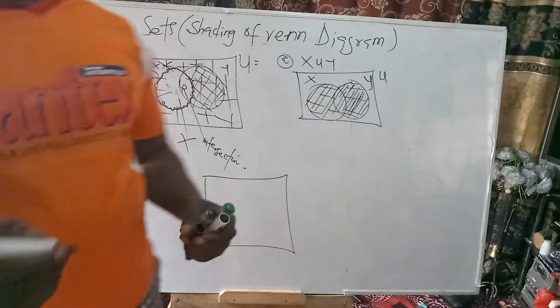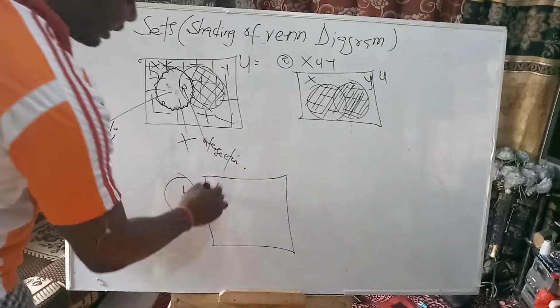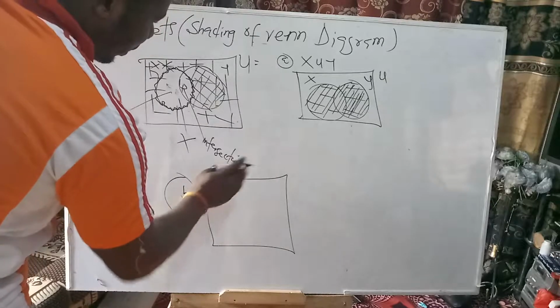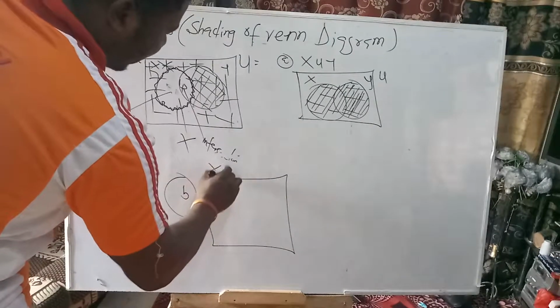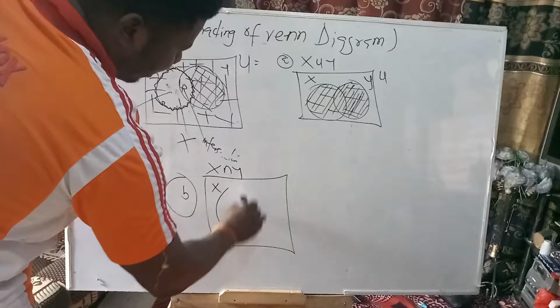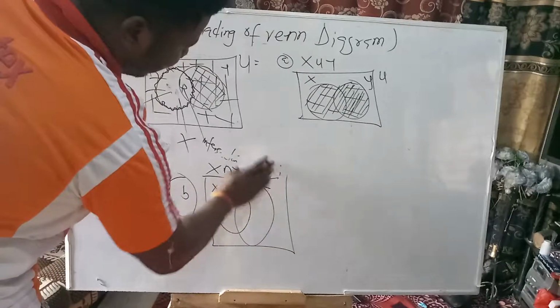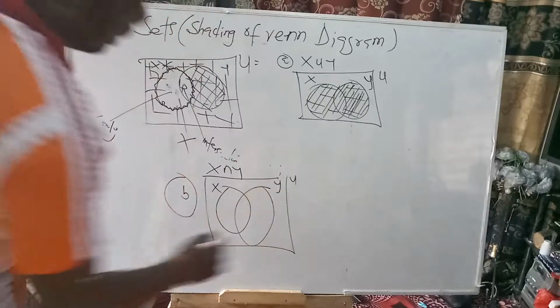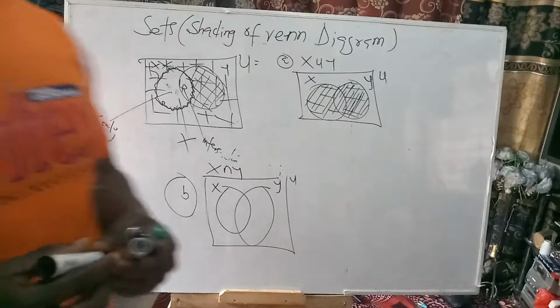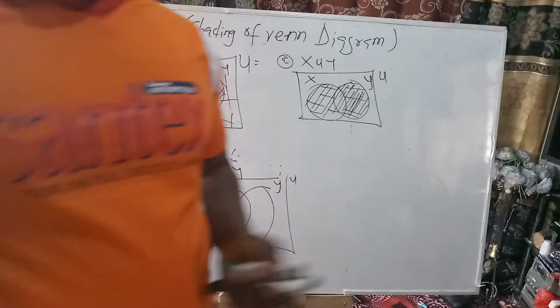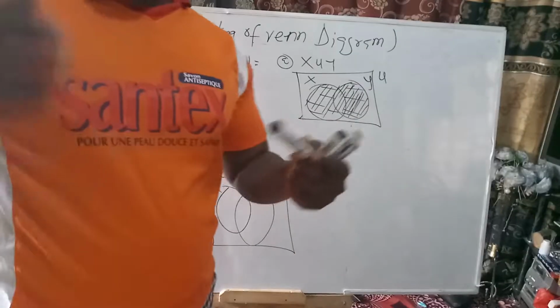Maybe they ask us to find x intersection y. When we talk about intersection, it simply means what is common to both sets.